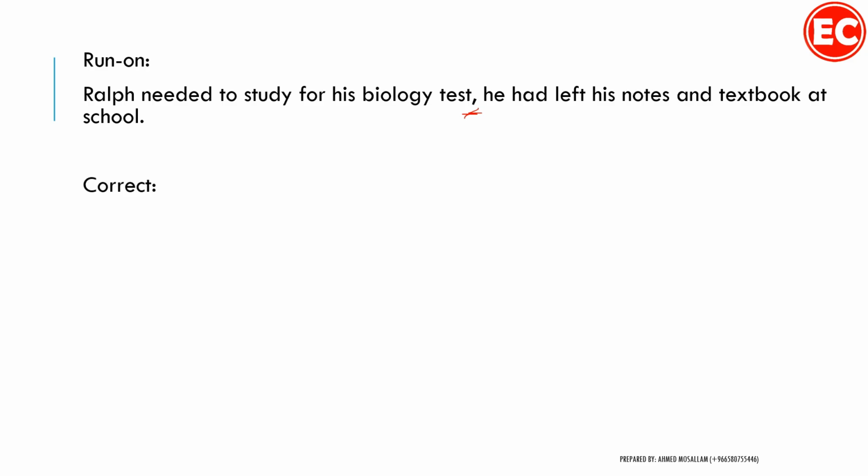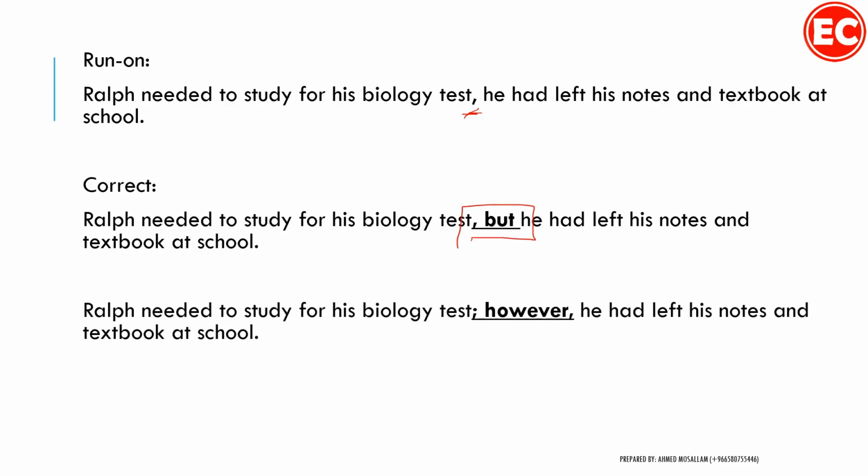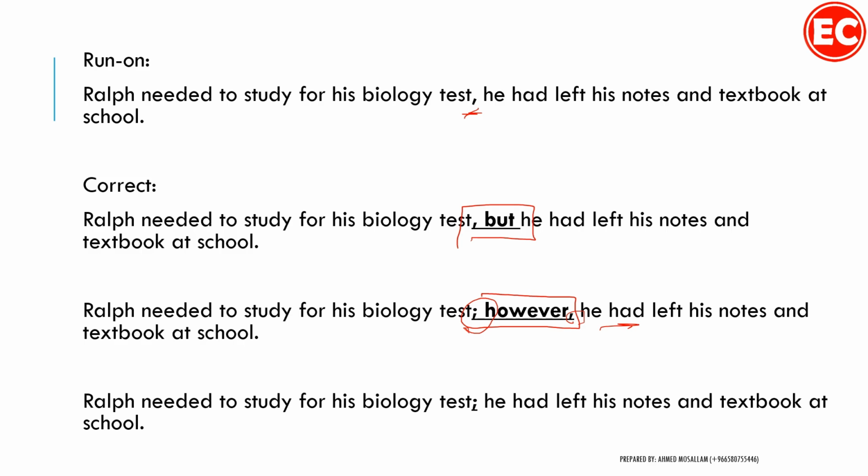Here is the comma with the fanboys, and here is the semicolon with the transitional word however, and we have a comma after it to separate it from the independent clause. And also you can have only a semicolon, like this. So these are the three ways to join two independent clauses.